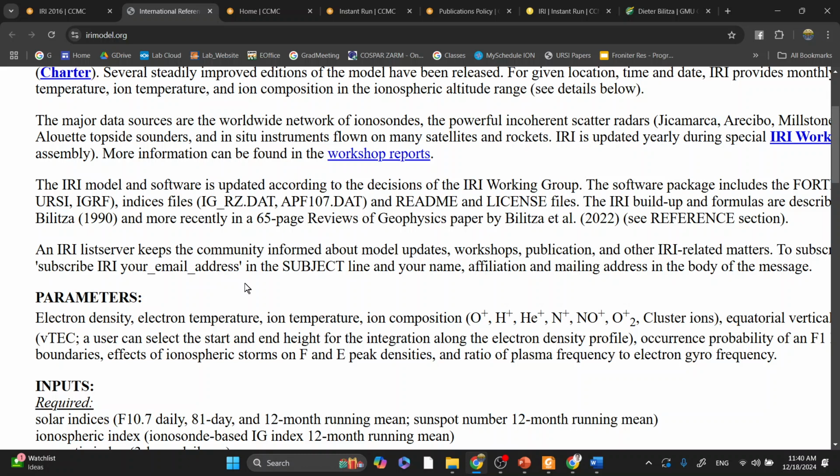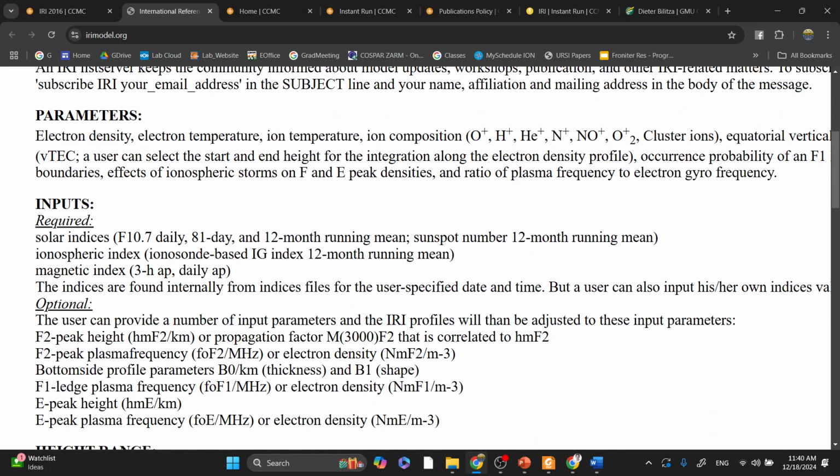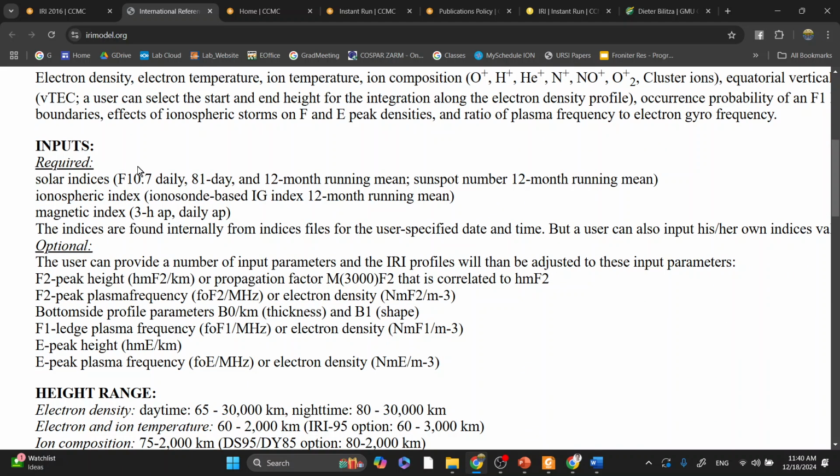So in here, Professor Bilitza and many teams talk about what types of inputs there are in the model. This is not AI, by the way. So a lot of these models use spherical harmonics because they are global models, right? You need the input of latitude and longitude.